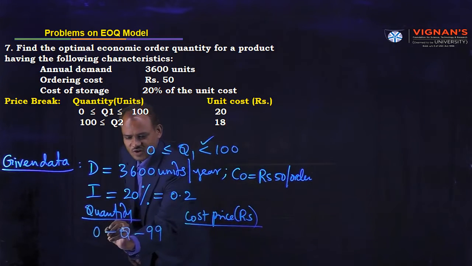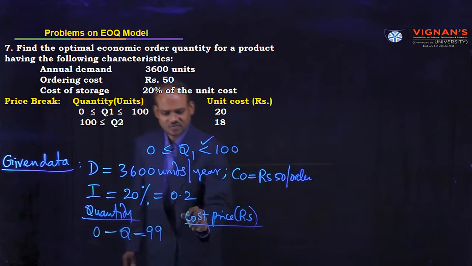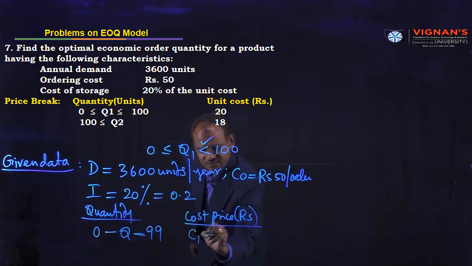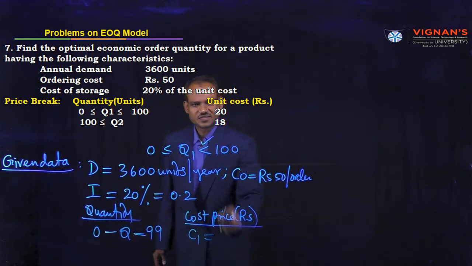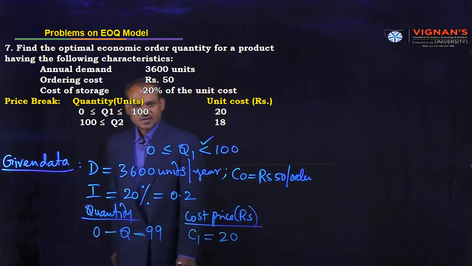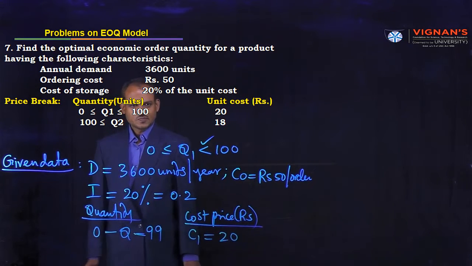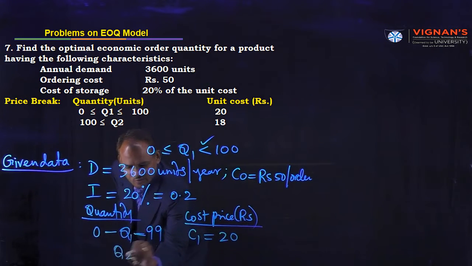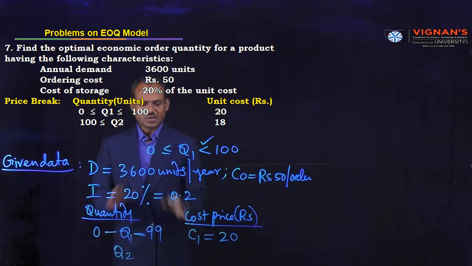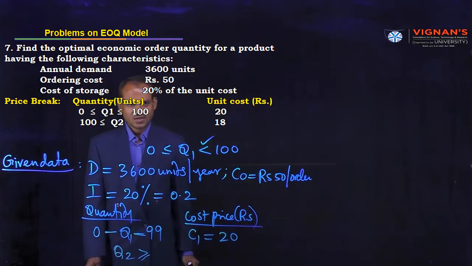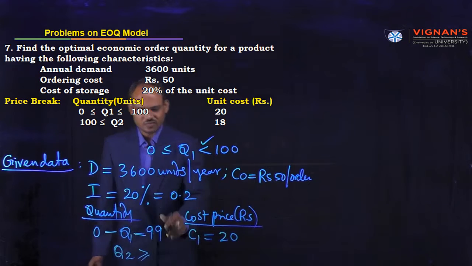So if the quantity lies between 0 and 99, the cost price, let us assume symbolically, is C1 equal to 20 rupees. Okay. Now in the second case, this is quantity Q2, the range is minimum 100 units or more than 100. In mathematics we can also write it like this: Q2 is greater than or equal to 100.